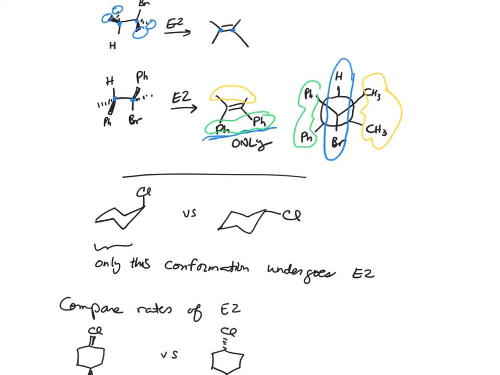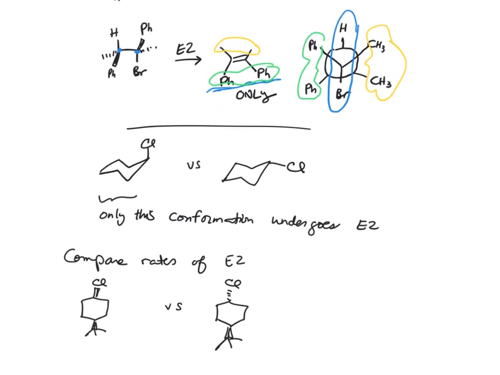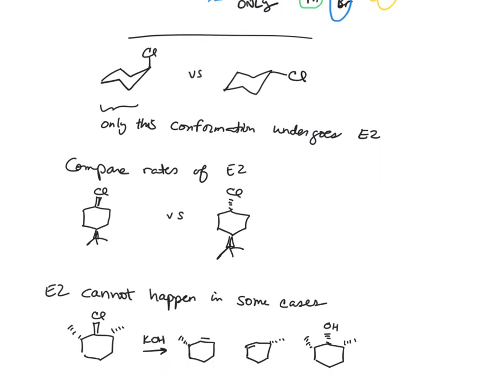This can be tricky when we're looking at systems like rings. We have to keep in mind that when we have a substituted cycloalkane, for example, we can only undergo E2 elimination from antiperiplanar hydrogens. So in this case, we have two hydrogen atoms that are antiperiplanar to the chlorine.